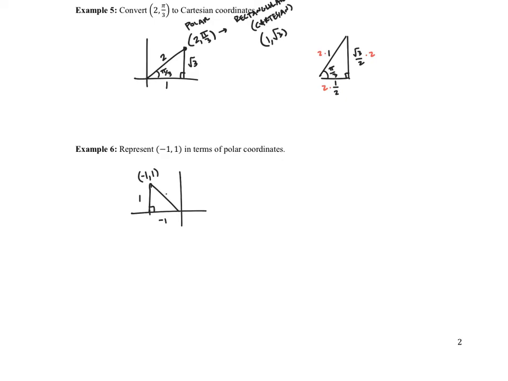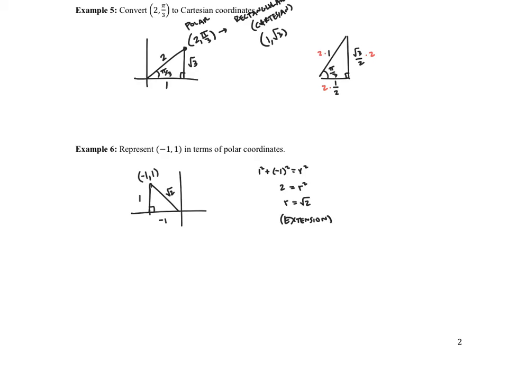So if I were to use the Pythagorean Theorem, 1 squared plus -1 squared is equal to r squared. So it'd be 2 is equal to r squared. And we're going to always, not always, but most of the time, label r as a positive. So that would give me my extension.